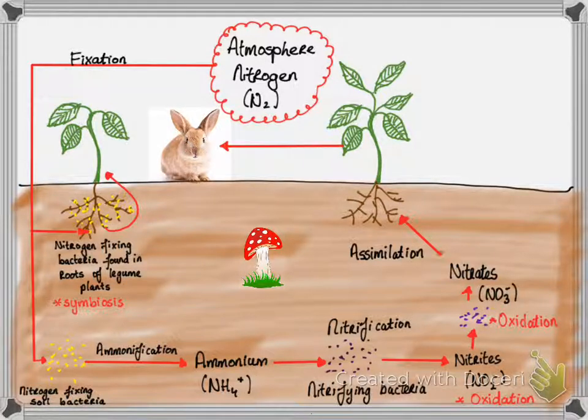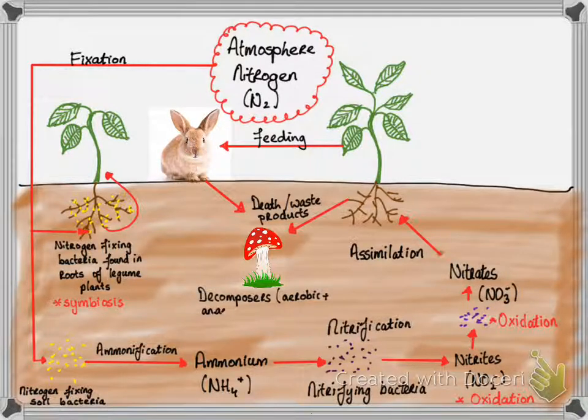So anything that eats the plant by feeding will also gain these nitrates. However, if the plants and animals die and are broken down by decomposers, such as aerobic and anaerobic bacteria and fungi, they will then convert those nitrogen compounds back into ammonium, putting it back into the cycle.